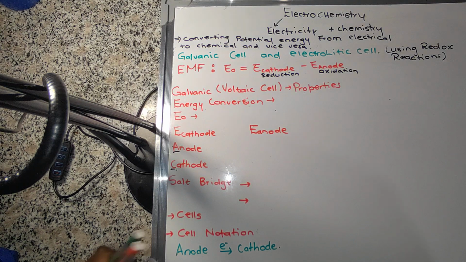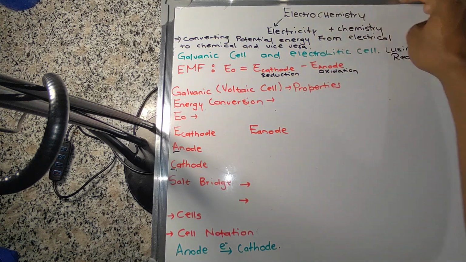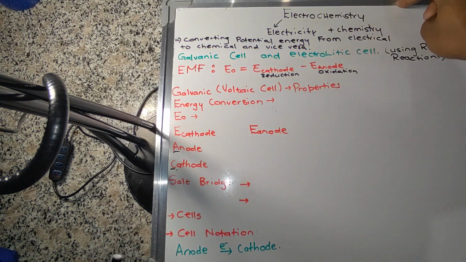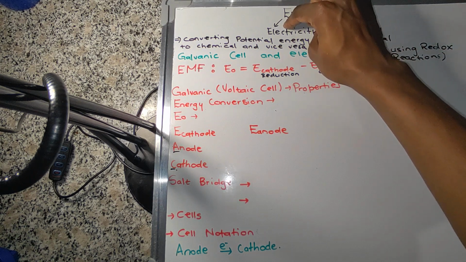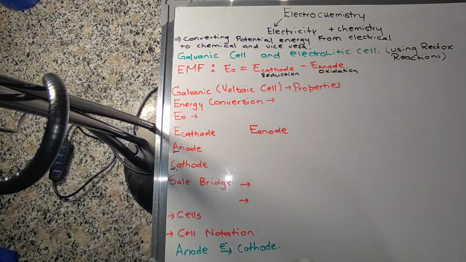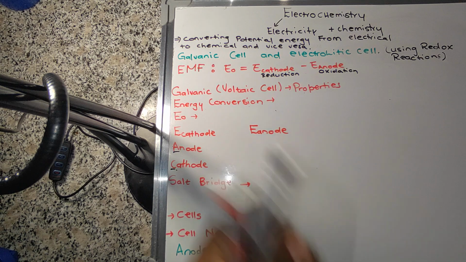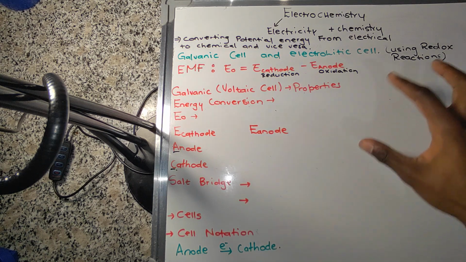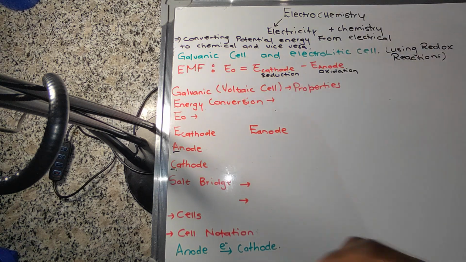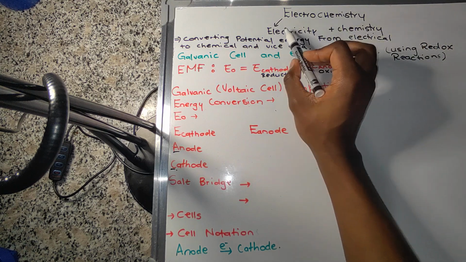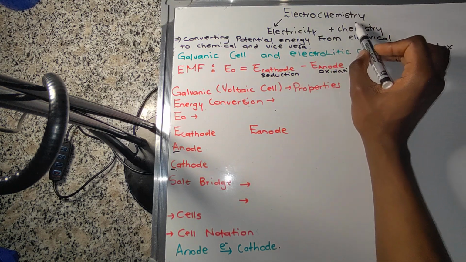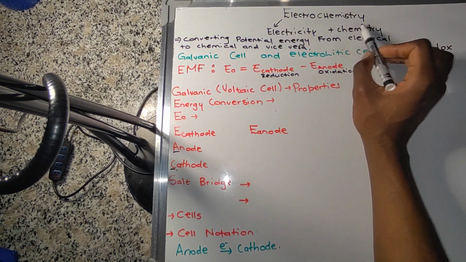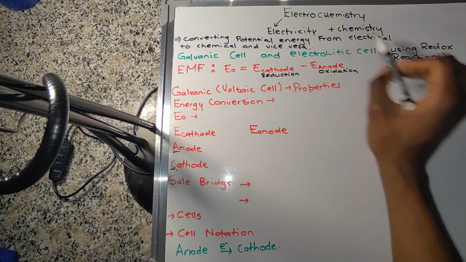Now, in electrochemistry, we're simply trying to study the relationship between electricity and chemistry. Is there even a relationship? We are about to find out. So now, in this chapter, we simply learn that electricity can get some chemical reactions to occur, reactions that wouldn't happen otherwise.